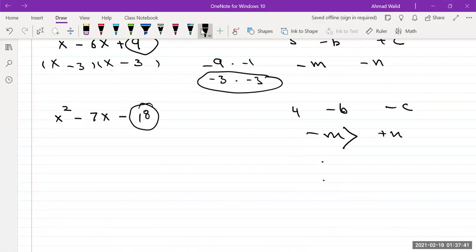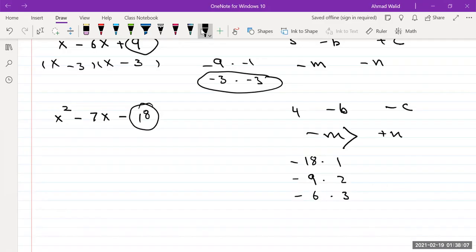I was wrong, making a problem immediately in my mind. I have to choose the number. 14 cannot give you that. 18. Negative 18 times 1. Negative 9 times 2. Negative 6 times 3. And that's it. These are the possible factors.